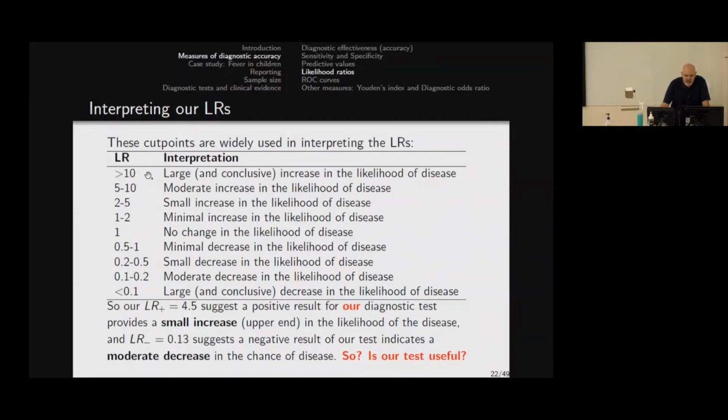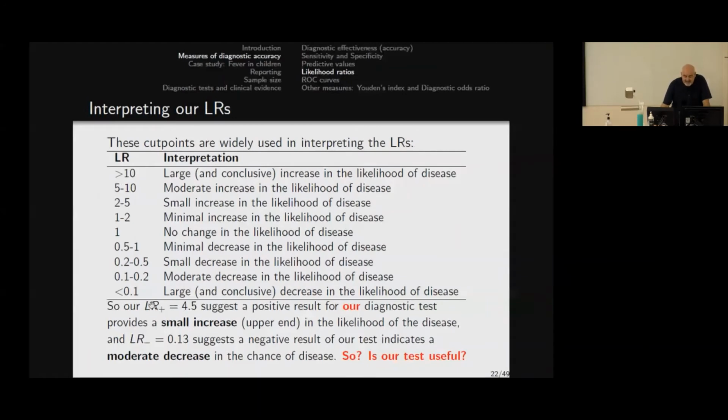The general rule is if your likelihood ratio is above 10, then your diagnostic test is very informative for patients who have the disease. If they get a positive likelihood ratio above 10, they are very happy because it is very good at ruling people in, of telling us whether they have the disease.